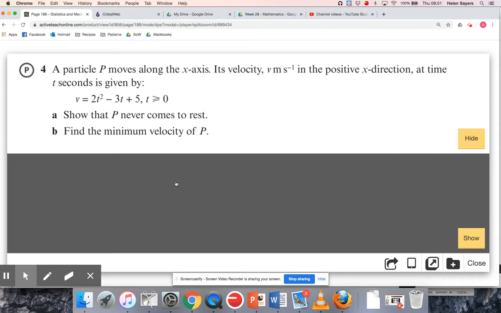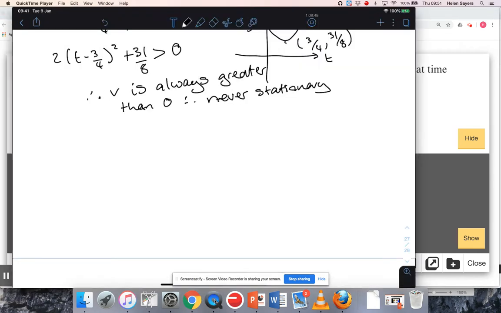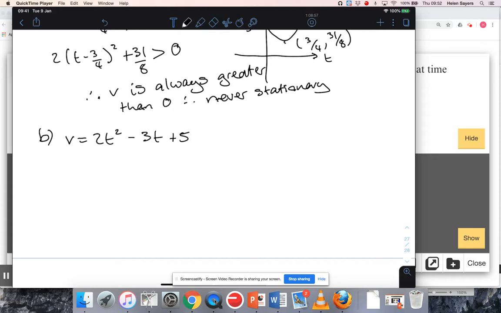Okay, and then find the minimum velocity of P. This is actually probably a little bit nicer. For this type of question, minimum or maximum, it's always going to be differentiating and finding a stationary point. So V is 2t squared minus 3t plus 5. I want to differentiate and then set it equal to 0.